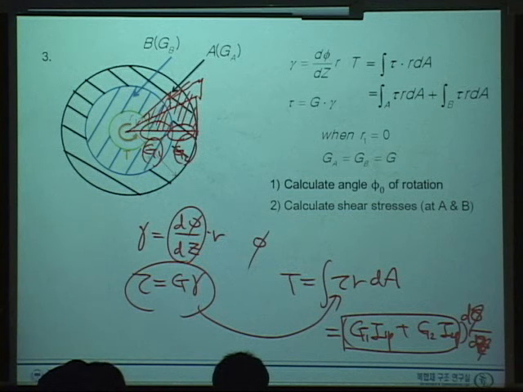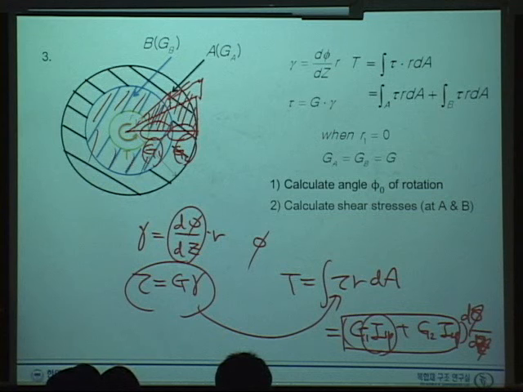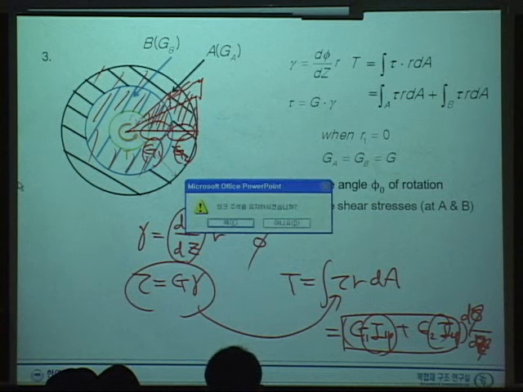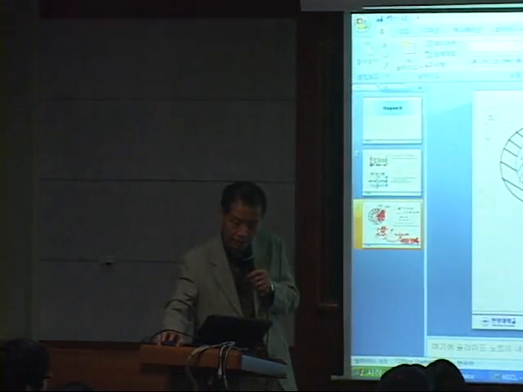Of course, this IP corresponds to only this shaft, and the second one corresponds to the second material. Okay. Any questions on this homework? This one is due this Wednesday, tomorrow night.